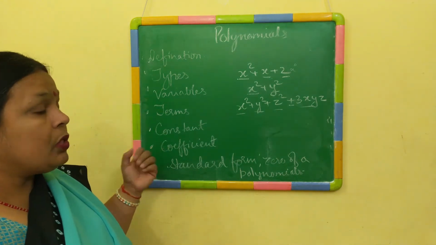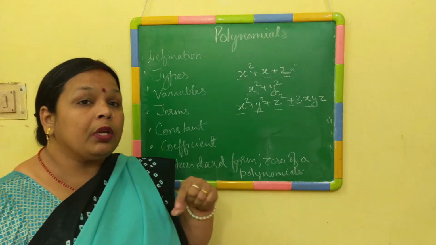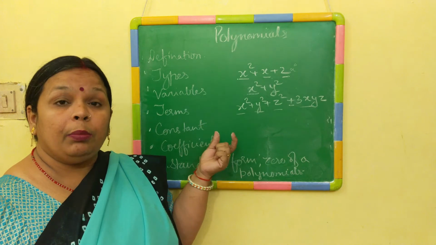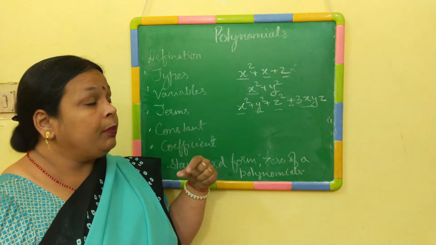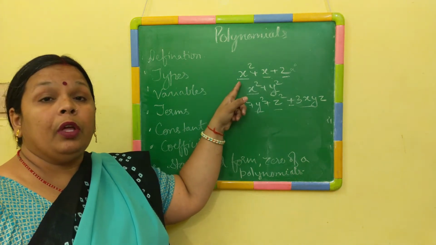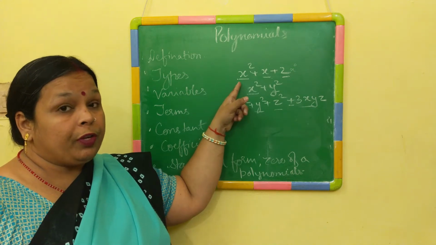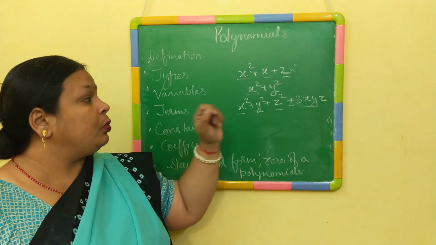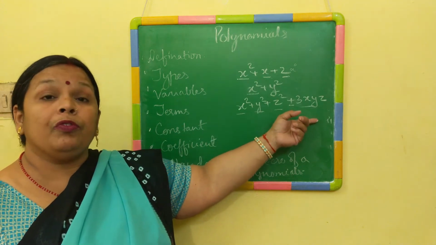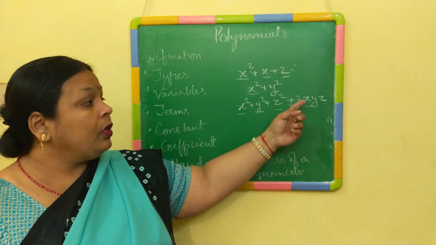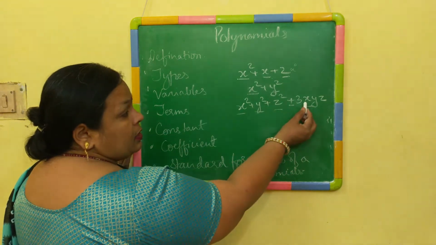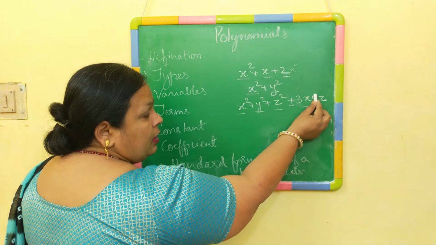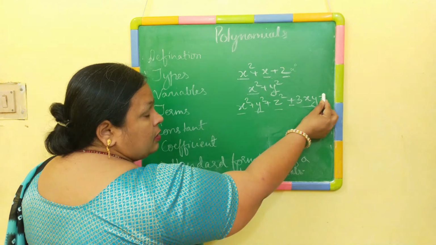Then, constant over, what is the coefficient? A coefficient is a numerical value including the sign which is along with the variable we are talking about, and the answer keeps on changing. If we talk of the coefficient of x square, it comes as 1. Coefficient of x, coincidentally, is 1. But here, if we talk of the coefficient of x, the coefficient of x is 3yz, the coefficient of y is 3xz, the coefficient of z is 3xy.